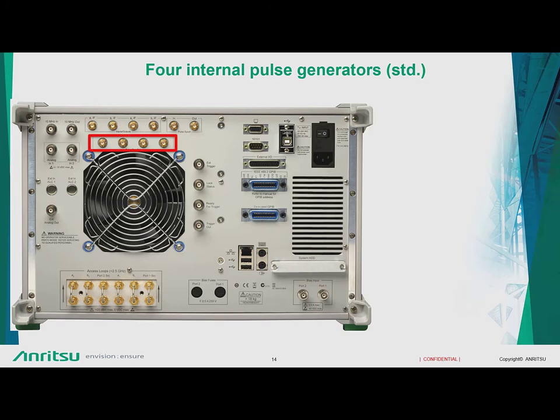You can use these pulse generators to send a pulse signal to your DUT, and with these you can do a lot of other stuff, which I'm going to tell you in the next few slides, wherein you can transmit a singlet pulse, a doublet pulse, triplet, quadruplet, and even a burst kind of signal as well, to characterize various subsystems.